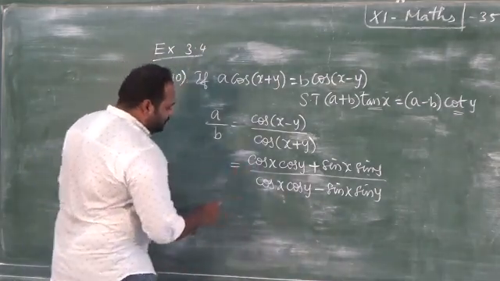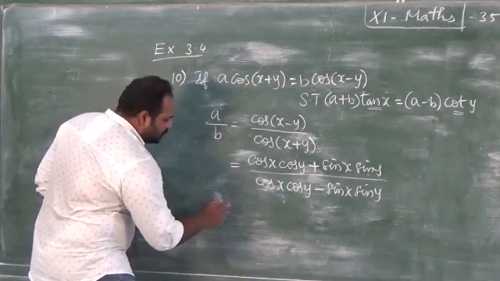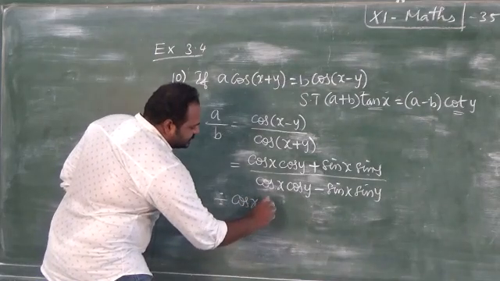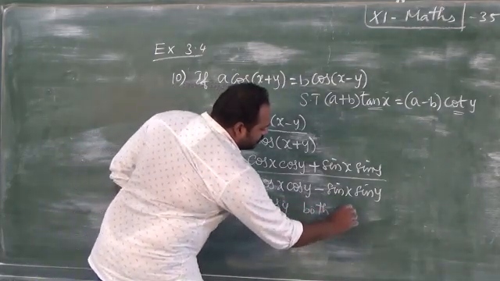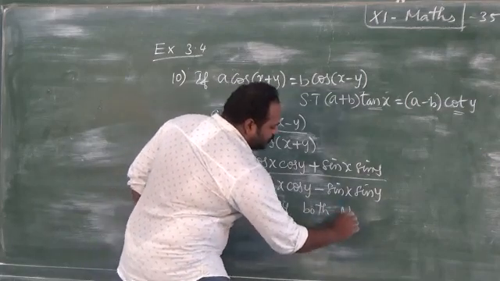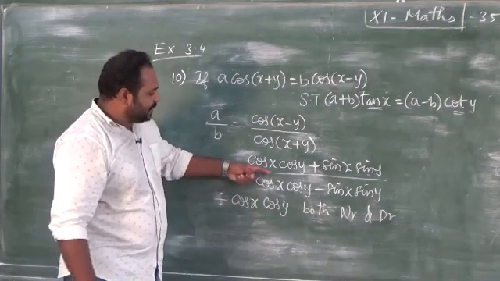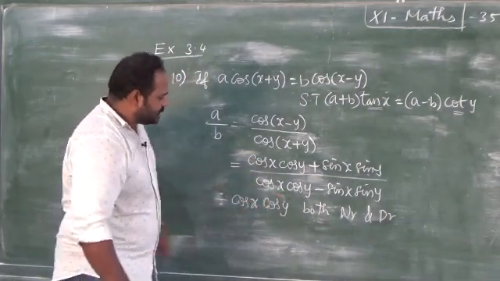For that, I am going to divide the numerator and denominator by cos x cos y.